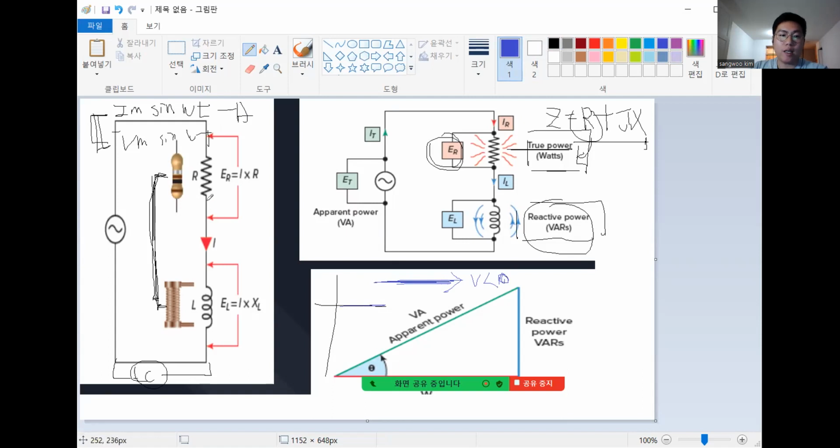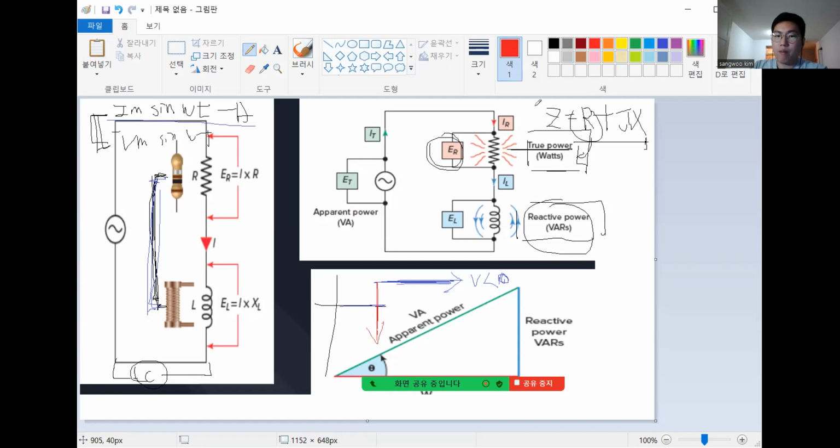But since our load is mostly RL, but not actual pure L, it's gotta be minus zeta like this, right? For example, if it's a pure L, it's gotta be this.